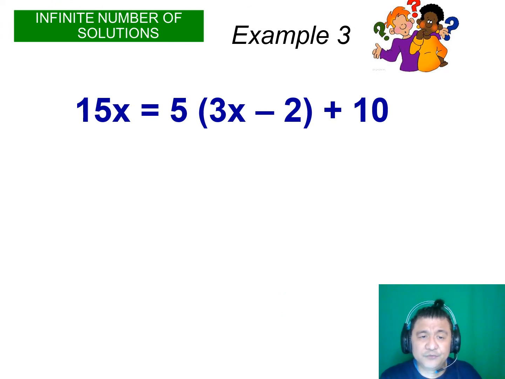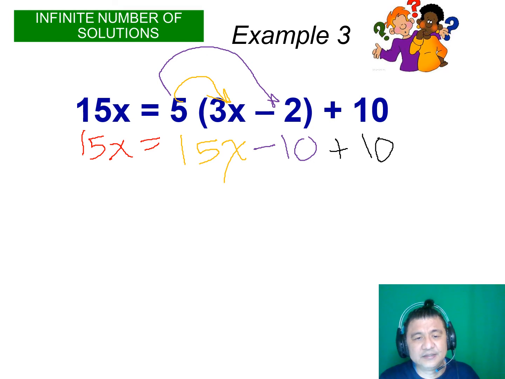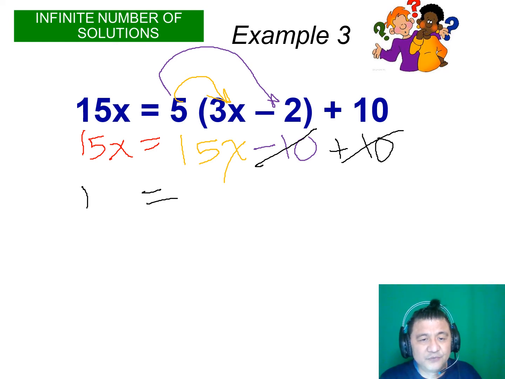Solving for x, 15x stays there. Then you do your distributive property. 5 times 3 is 15x. And then 5 times negative 2 is negative 10. Bring down the positive 10. Clean it up. The right side, the negative 10 and positive 10 cancel, right? So 15x is equal to 15x.